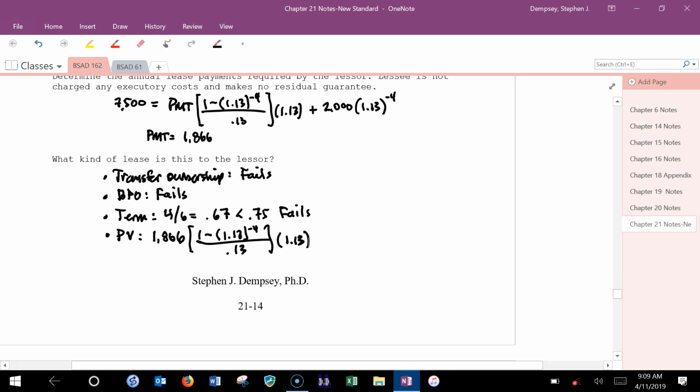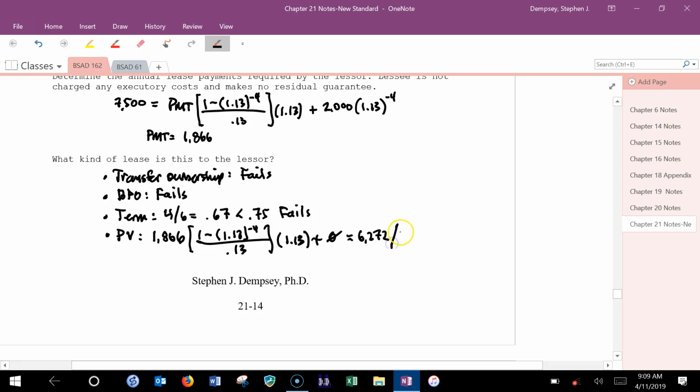So, plus, I'm going to make it very clear, plus 0, because it's not guaranteed by the lessee. Well, this is equal to 62.72.